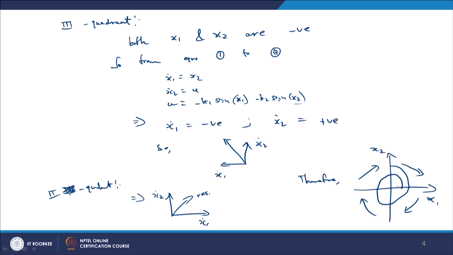So, we need to prove that these trajectories of the state variables will converge to the equilibrium point in finite time. So, the distance must be observed, whether it is getting reduced each time. So, what we do here is we take s equal to x1 and s dot equal to x2.